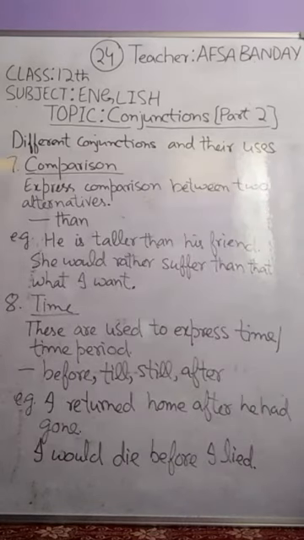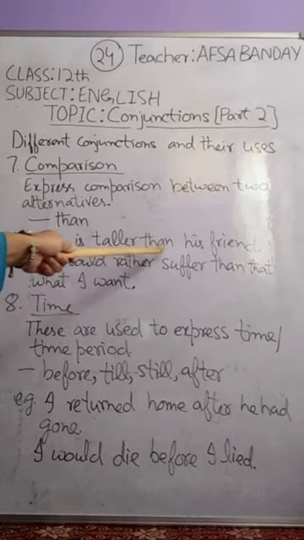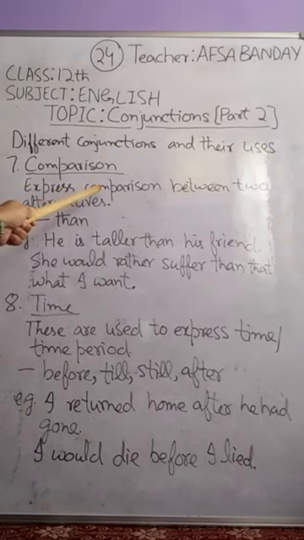And the seventh one is comparison. This conjunction is used to express comparison between two alternatives. It includes than. For example, he is taller than his friend. So he and his friend have been compared, joined together by this than, used as a comparative.